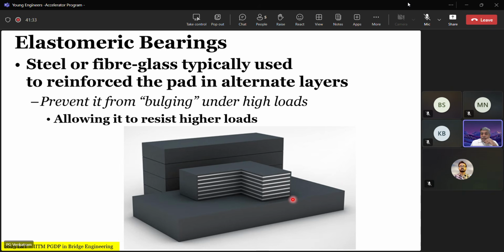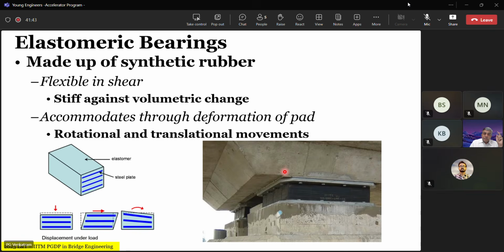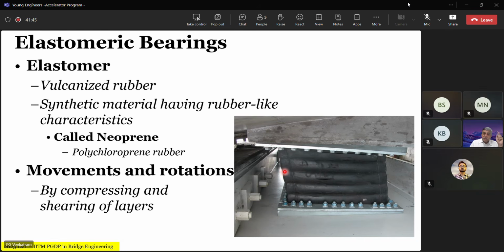The reinforcement layers in between, you introduce them so that, as you have seen in these examples, imagine if you had not put the steel reinforcement, then under the same load, this would have bulged a lot more. And when it bulges that much, the rubber starts cracking.